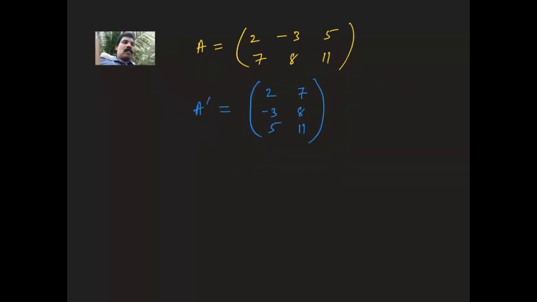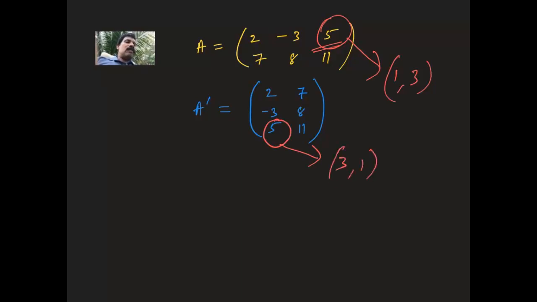Here, what is the cell address of 5? That is in the first row and the third column. So 1/3 position. And the same element 5 appears in A transpose in the third row and first column. So what happened actually? The 1/3 position changed to 3/1 position.